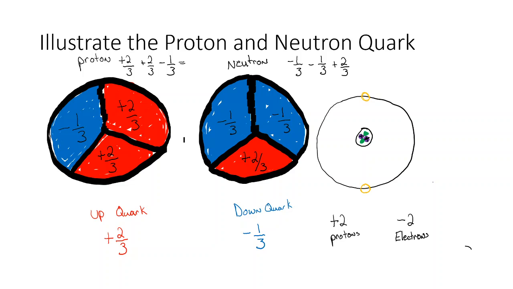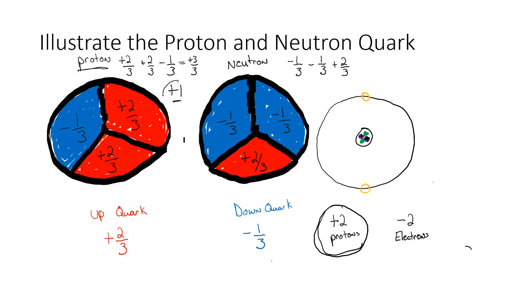Now, for those math whizzes out there, let's add these up. 2/3 plus 2/3 is 4/3. Minus 1/3 is 3/3, or a charge of +1. Remember over here, I said if you have two protons, you have a charge of +2. Any proton is going to have a charge of positive 1. You say, well, why is this positive 2? Well, back when I was talking, I had 2 protons.